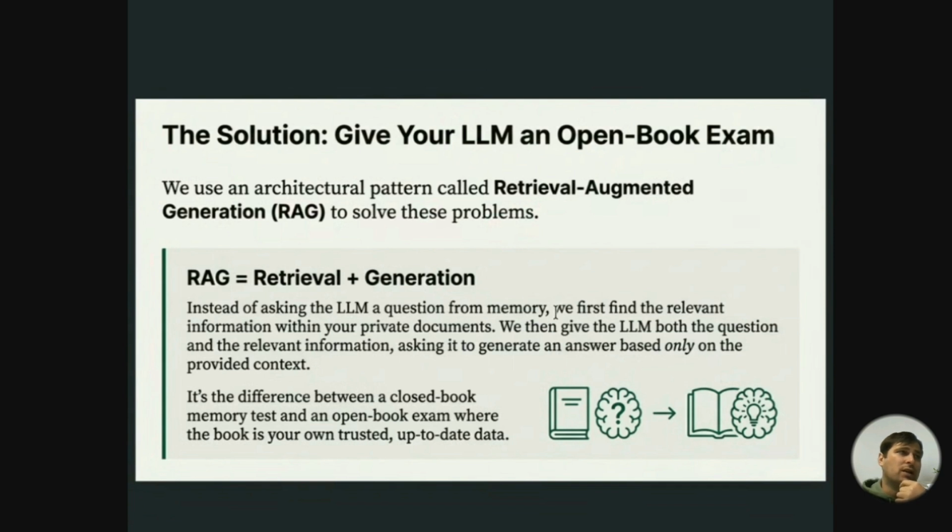So basically, this is RAG. You can think of it as the difference between a closed-book memory test and an open-book exam, where the book is your own trusted, up-to-date data.